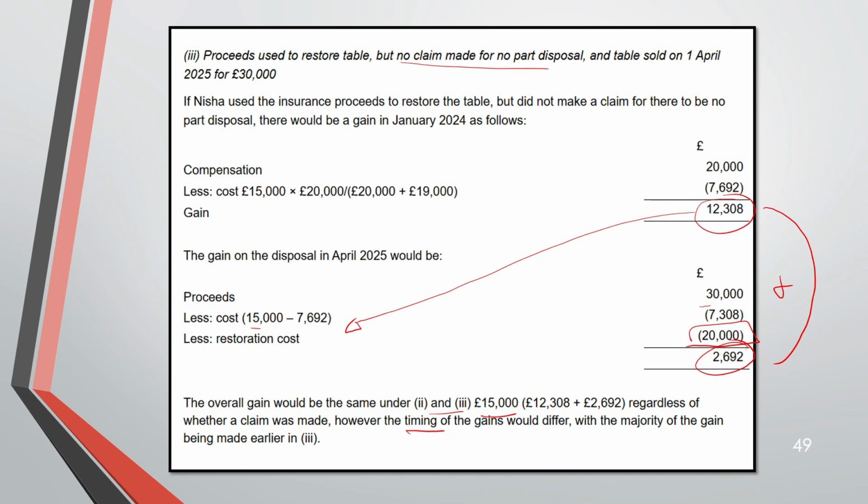In the third part, the majority of the gain, 12,308, is made earlier. This is what happens when it's a part disposal. But if you're claiming for no part disposal, then the entire 15,000 is paid at once.